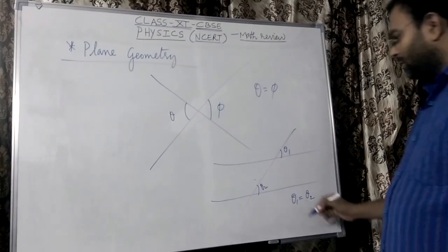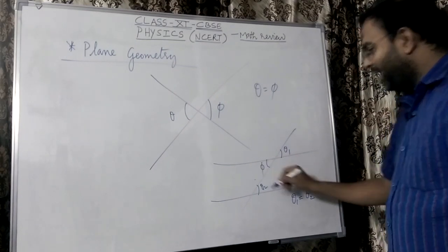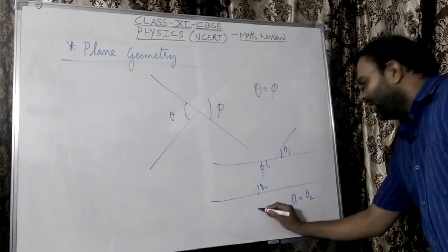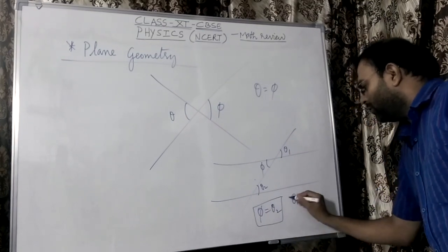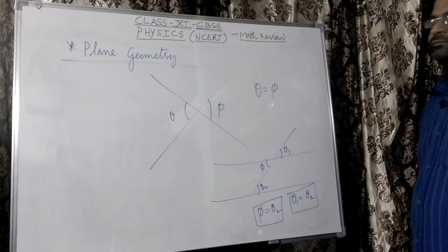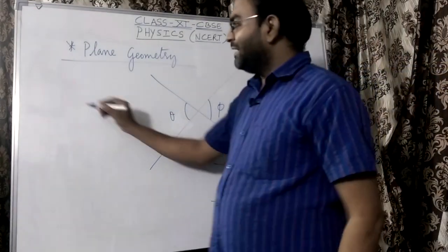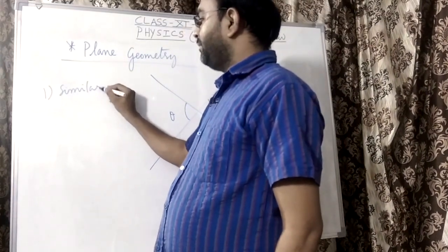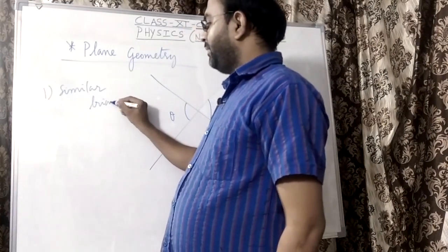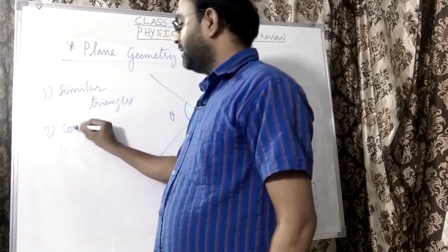Also, because of this rule, this angle, let's call this phi, phi is equal to theta 2 as well. So these two are connected. Similarly, one should have idea about what are similar triangles and what are congruent triangles.